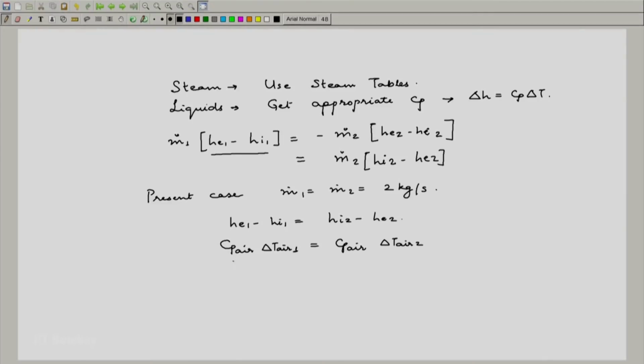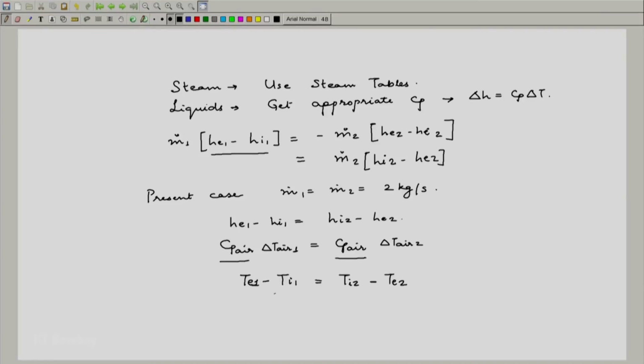Both streams are made up of air here, so we could as well remove this. So we get Te1 minus Ti1 is equal to Ti2 minus Te2.